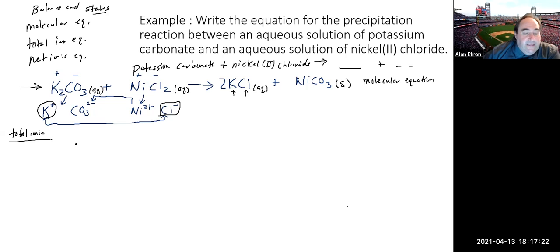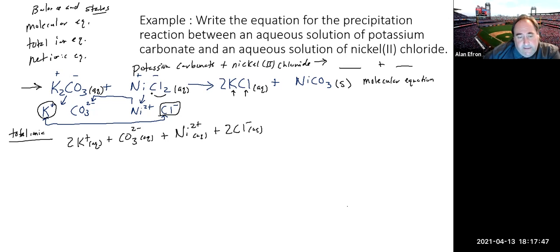That means my potassium carbonate will break apart into 2 potassiums, the 2 comes to the front, and 1 carbonate ion. The nickel 2 chloride will also break apart into a nickel ion with a +2 charge. The 2 chlorides will make the 2 come to the front.